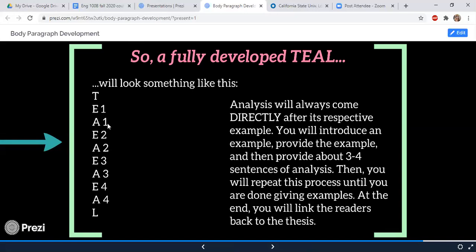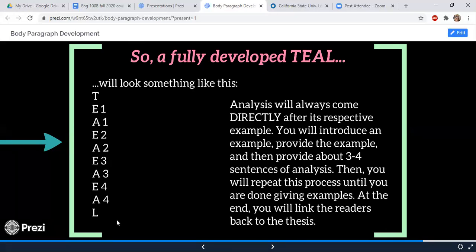And then when you're done with that analysis, you can move on to the second example. And then you'll do the analysis just for that example. And then you can move on to the third example, do the analysis for just that third example, and then you can move on to the fourth example, analysis for the fourth example, and then at the very end of that body paragraph, after you've done all the examples and analysis, then you'll do the link to thesis.